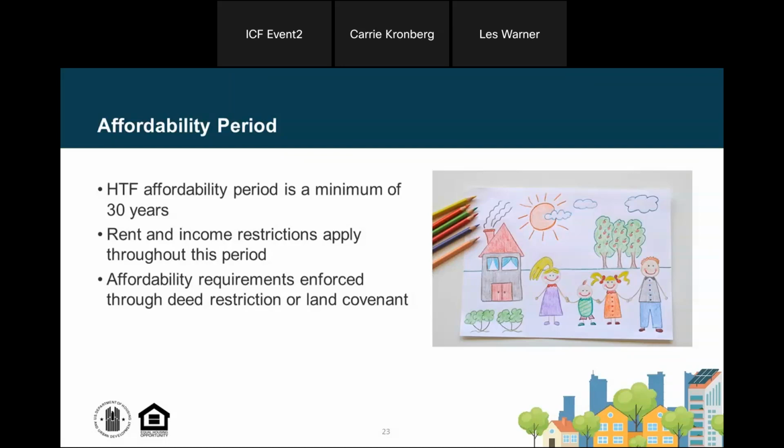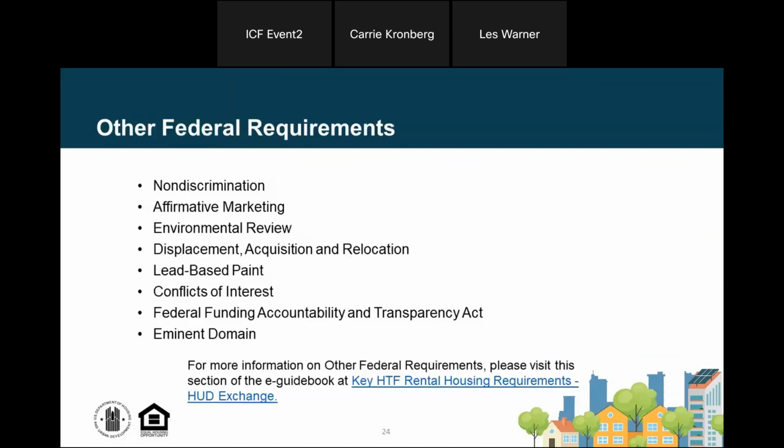So we also have some additional other federal requirements that are going to apply on this, including non-discrimination, affirmative marketing. The Housing Trust Fund dollars also trigger an environmental review.